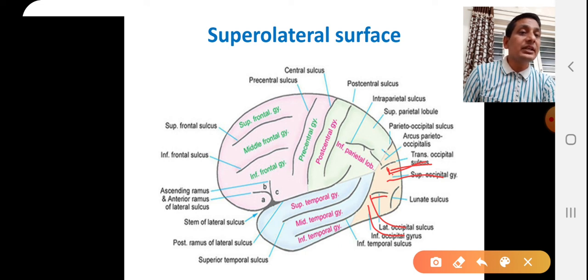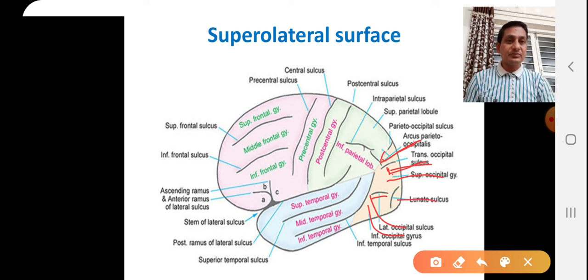This triangular area is the arcus parieto-occipitalis. Then there is the lunate sulcus.